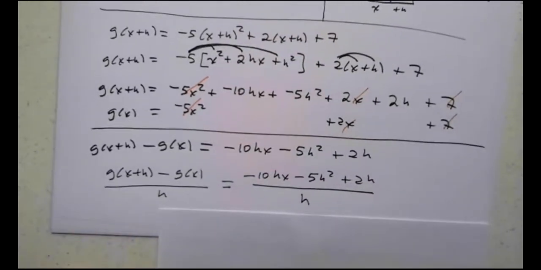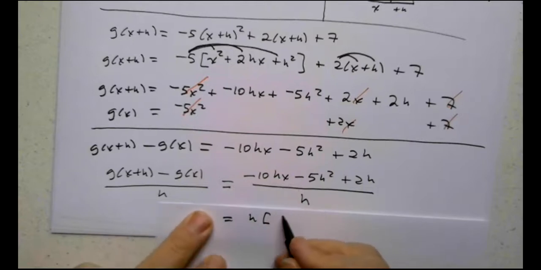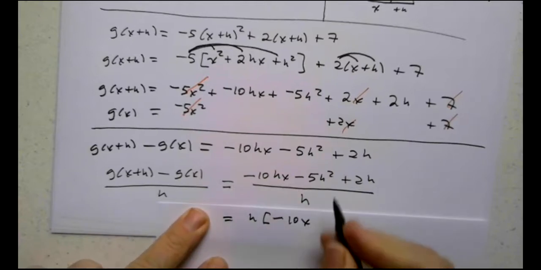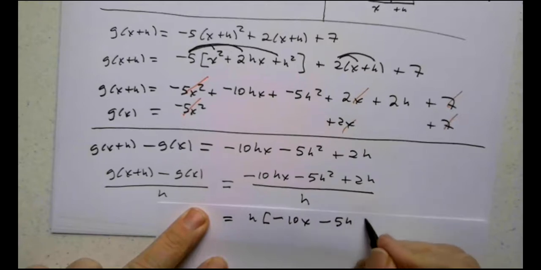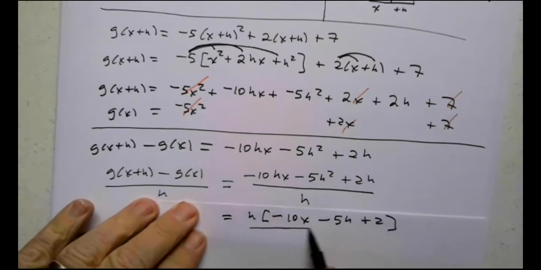Factoring the h out of the top, we get h times negative 10x minus 5h plus 2. Let's see how that works. H times negative 10x, negative 10hx, h times negative 5h, negative 5h squared, h times 2, 2h, all divided by h.